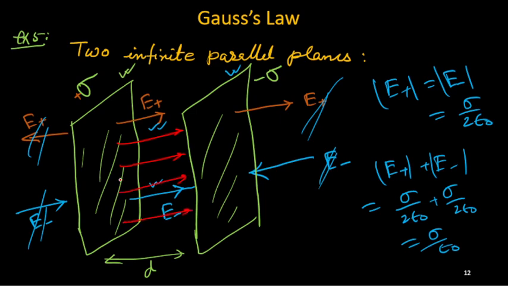Outside the plates there is no electric field, and this electric field strength E is sigma upon epsilon naught, directed from the positive to the negative plate. I can write it along the normal direction. I hope it is clear.